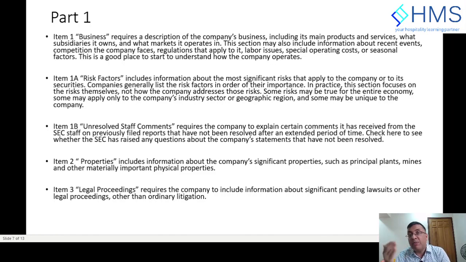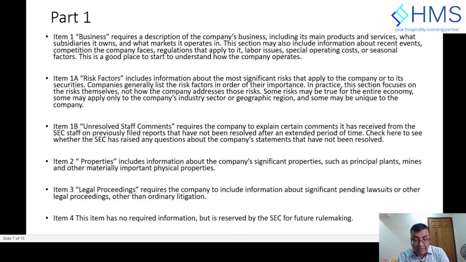So it may not be that easy. You may have to rely on other news, maybe Bloomberg or Yahoo Finance or Google Finance or CNN Business. There are many resources you can turn to for information about the company.